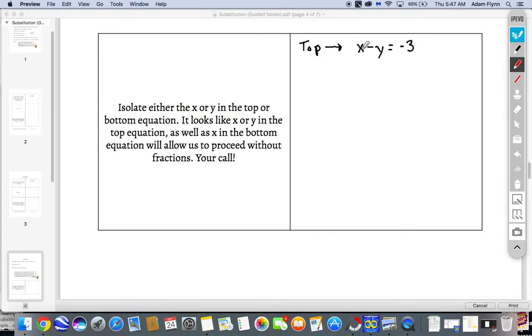Okay, so I'm going to get this x by itself. I know if I try to get this y by itself, I'm going to have to divide by -1, which won't leave me with any fractions, but it is an extra added step. So for the sake of time, let's try to get this x by itself because we're not going to have to divide by anything at the end. It already has a coefficient of +1. So to get the x by itself, I'll add y on both sides.